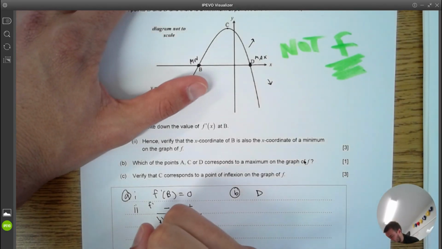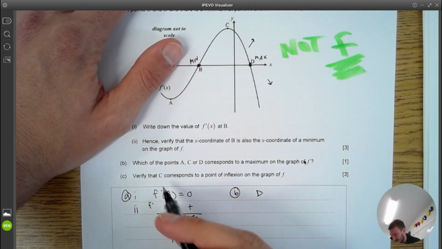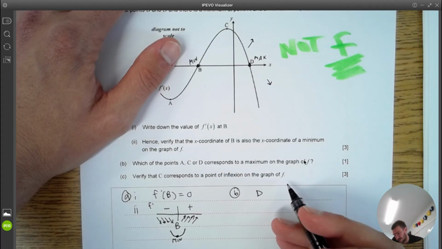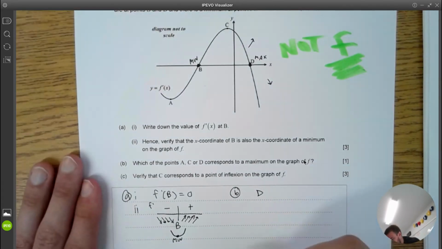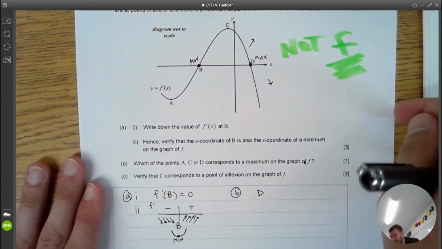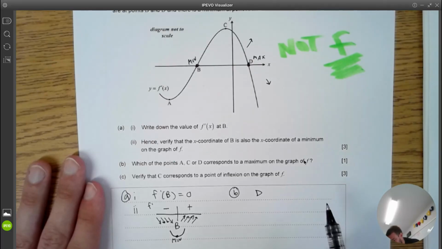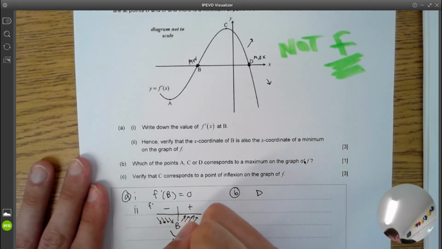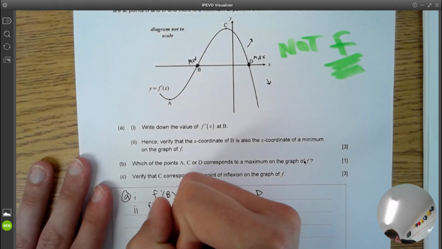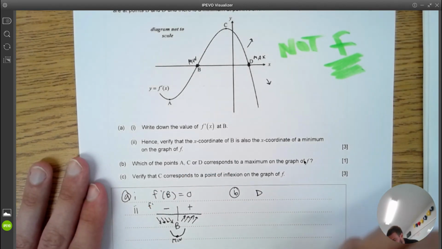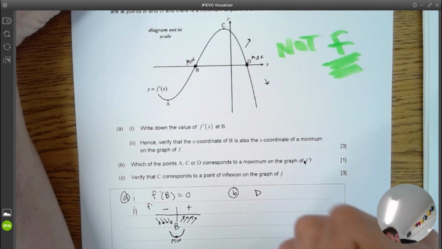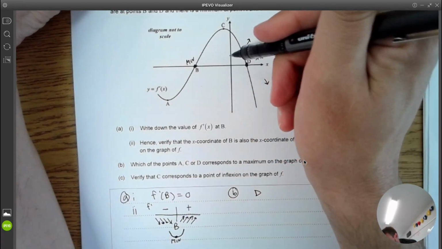I think we're good. Part c, verify that c corresponds to a point of inflection on the graph of f. Well, points of inflection have to do with the second derivative. And so what are we looking at? At c, if I'm thinking about the second derivative, that would be the slope of the first derivative, right?